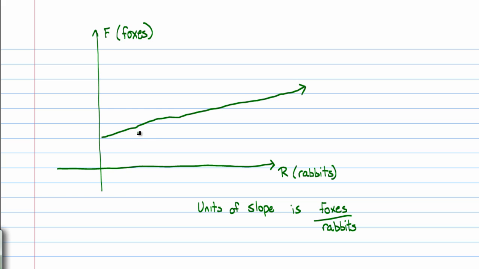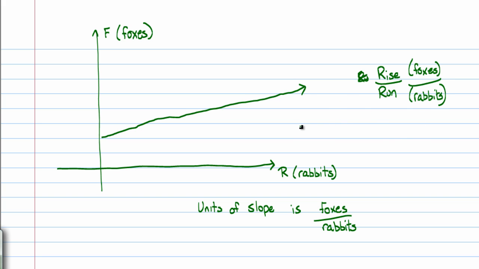And this gives us a great idea of a relationship between these two quantities, these two units. So notice that slope is rise over run. Rise over run. The rise variable is foxes. The run variable is rabbits.